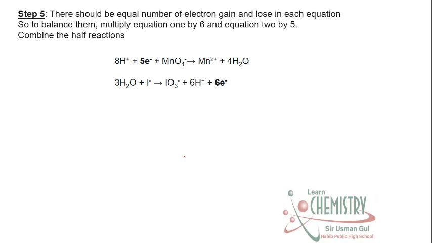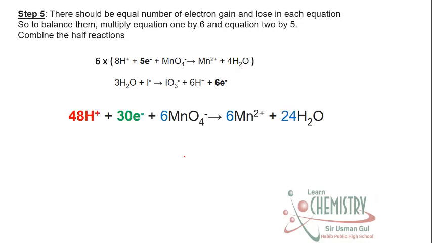In this step, the number of electrons in the first half reaction and in the second half reaction should be balanced, should be equal. To do that, we will multiply the first equation by 6 and it will become 48H+ ions plus 30 electrons plus 6 MnO4- into 6 Mn2+ plus 24H2O, and we will multiply the second equation by 5.